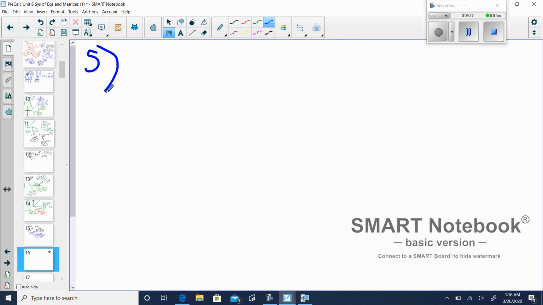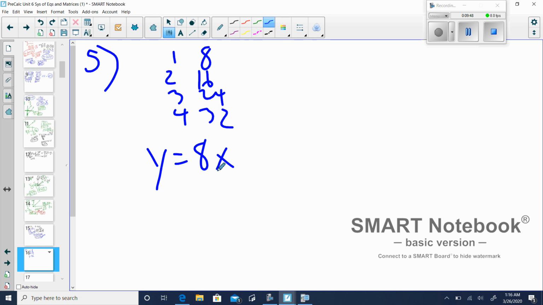Reason abstractly on 5. We have 3 tables, and we need to write a function for each table. All right, now the first one, we have 1, 2, 3, 4, 8, 16, 24, 32. Function here is y equals 8x. For the second one, we have the 1, 2, 3, 4 for x.